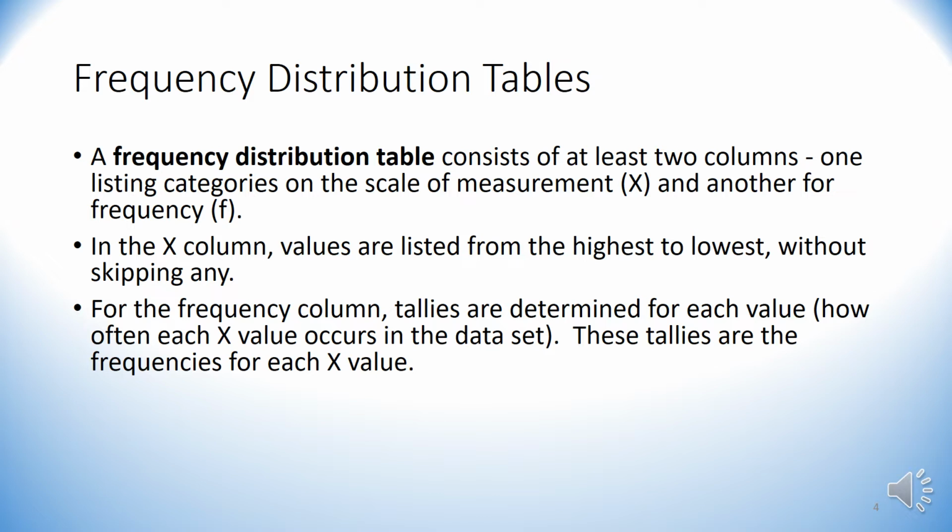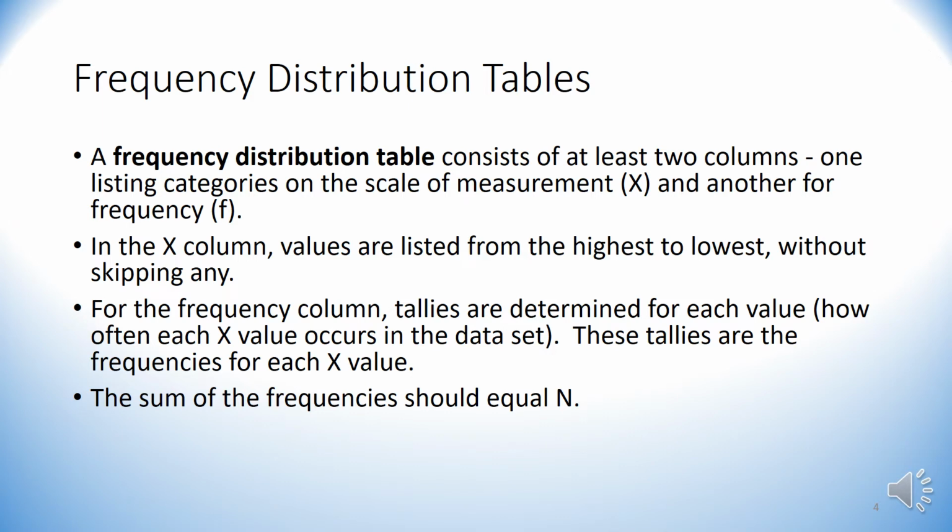Then the count of the tally marks becomes our frequency. These frequencies are the associated values of that X characteristic. The total of all tally marks must be equal to the total number of observations. In general, capital N or small n is the total number of observations.